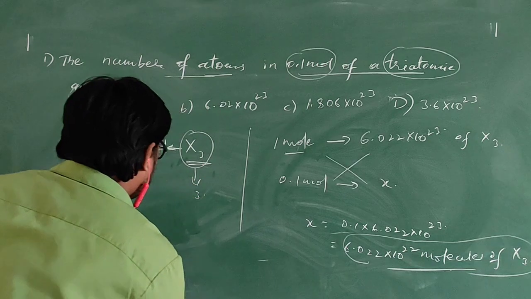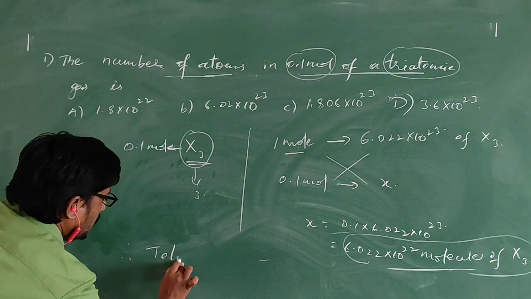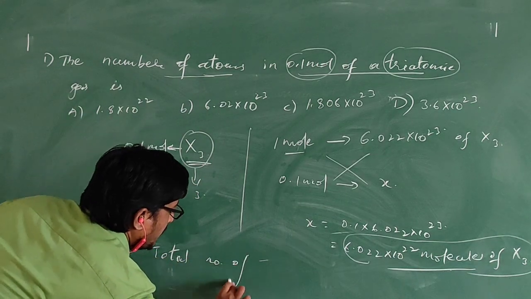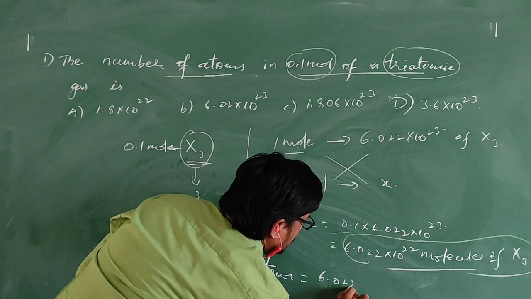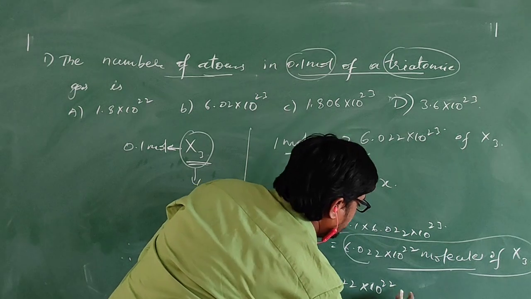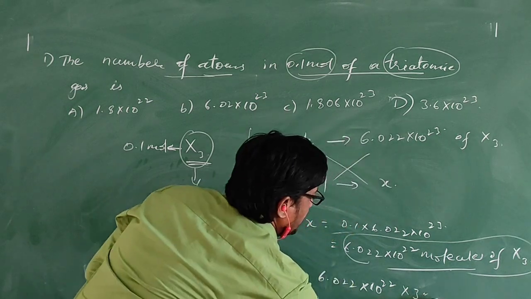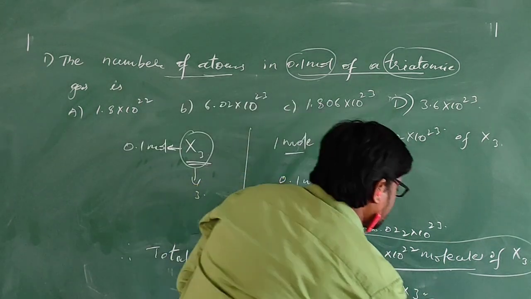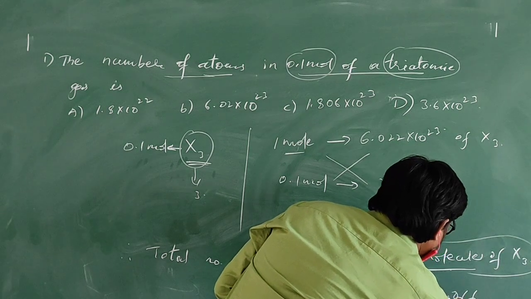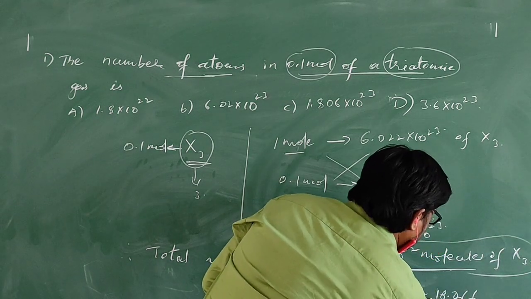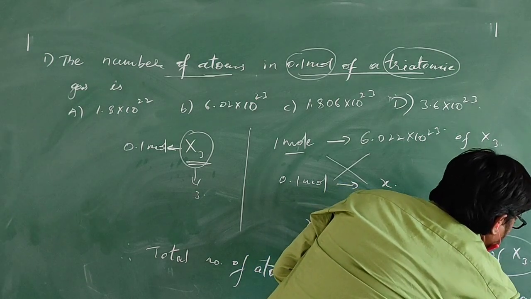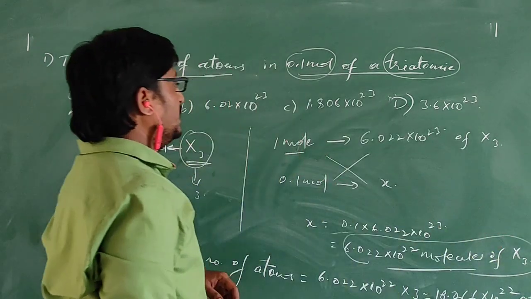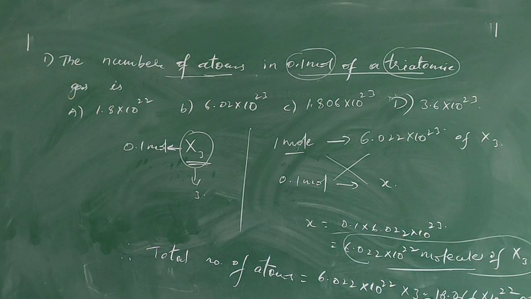So the total number of atoms is equal to 6.022 into 10 to the power 22 into 3, which is 18.066 into 10 to the power 22 atoms of X. In the given options, if you see, there is no such option.